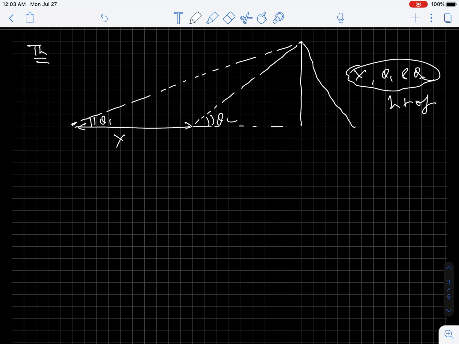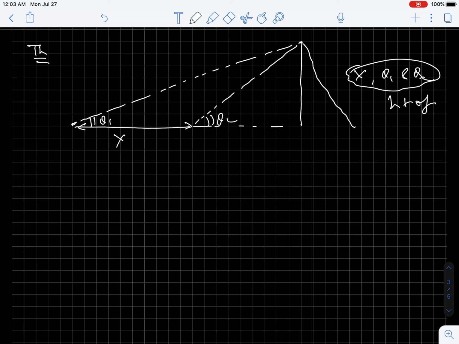Al-Biruni measured the height of hills by this concept. He took two observations from two different points: at one point the angle of elevation theta 1, at the second point the angle of elevation theta 2, and by measuring theta 1, theta 2 and x, he calculated the height of the building.